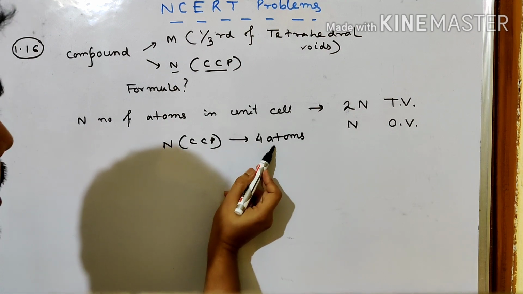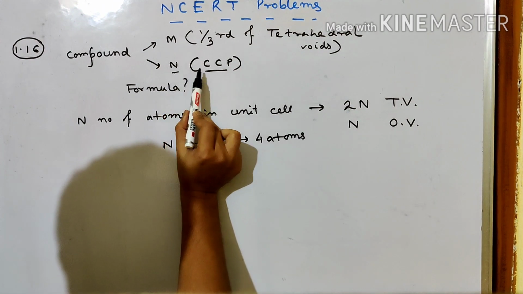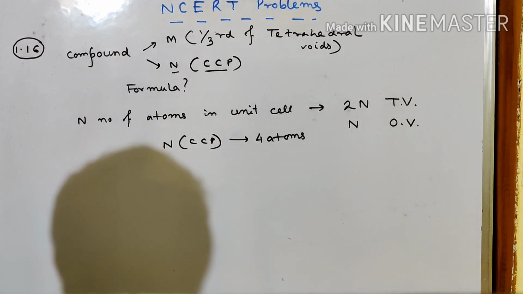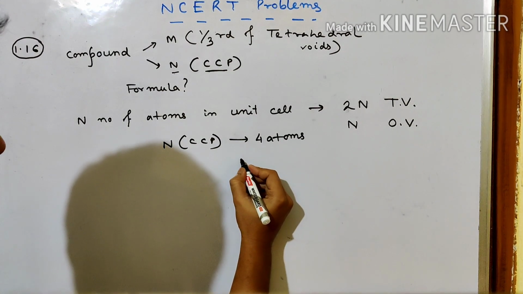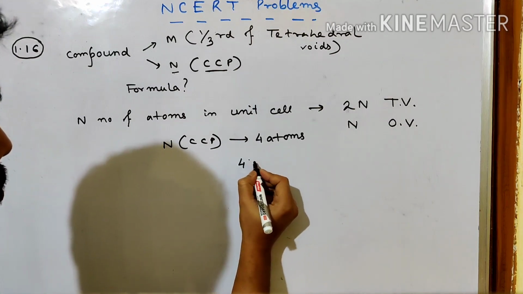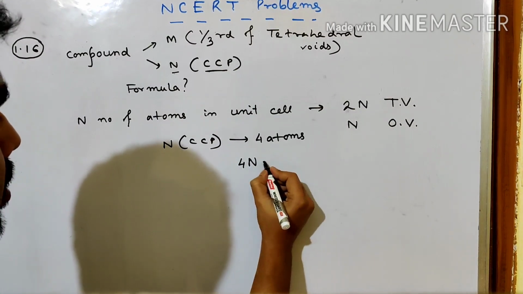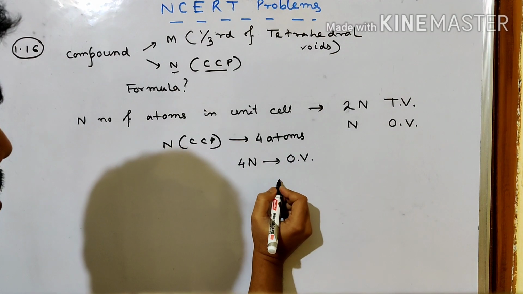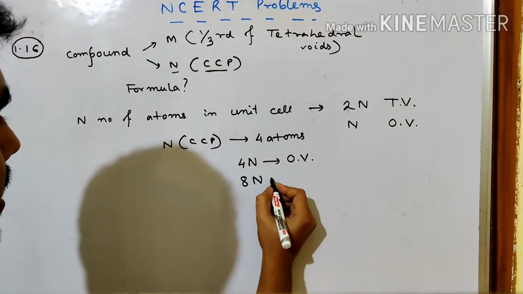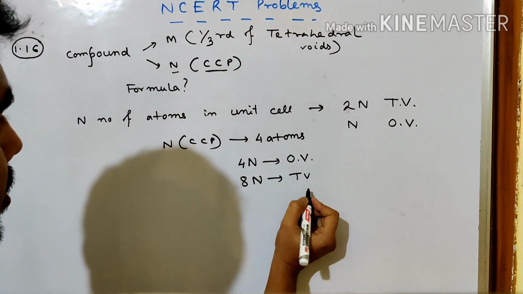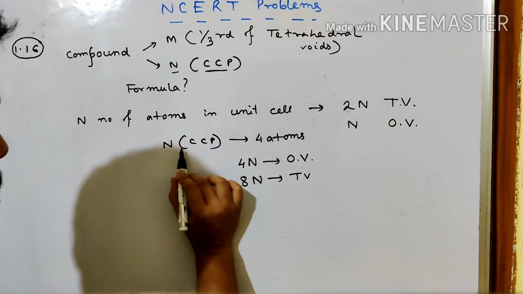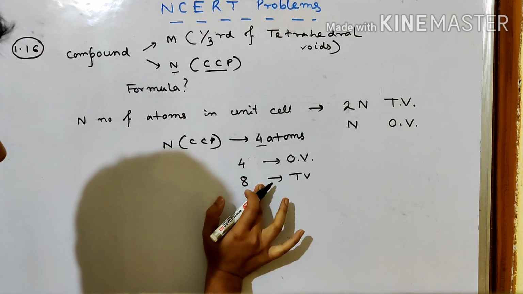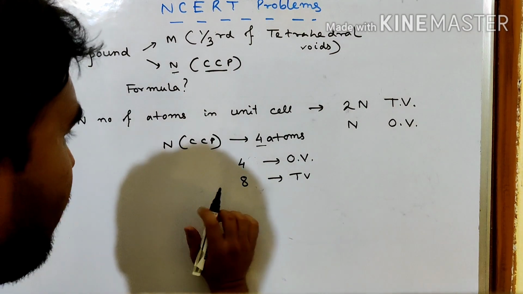So if N forms CCP and in CCP there are 4 atoms, then for n atoms there are n octahedral voids and 2n tetrahedral voids. So here there will be 4 octahedral voids and 8 tetrahedral voids.